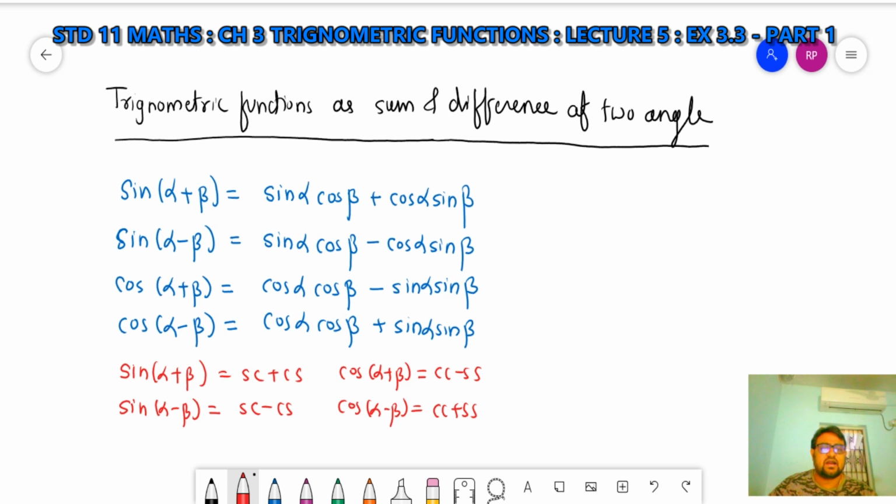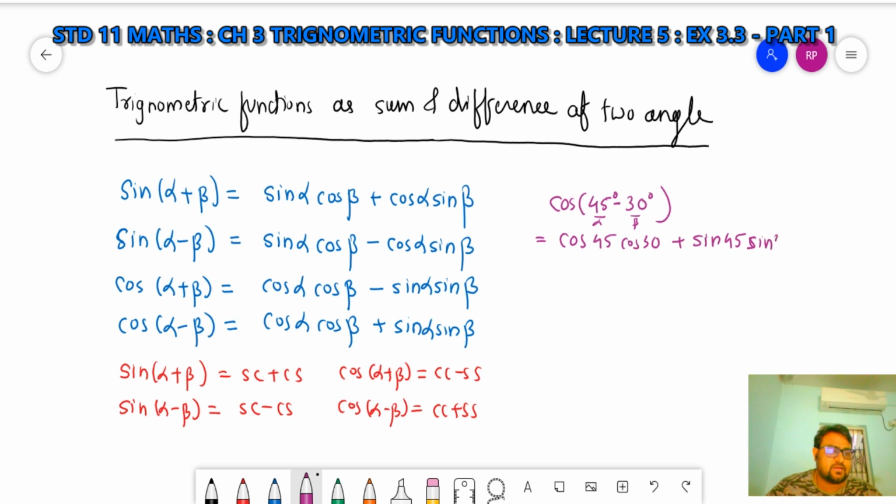Okay, if I am asked to find, let's take the example cos 45 minus 30, 45 degree minus 30 degree, the difference. So what formula will we use? CC plus SS. So cos, this is alpha, this is beta. So cos 45 cos 30. Here it is minus, in cos the sign changes, plus sine 45 sine 30.